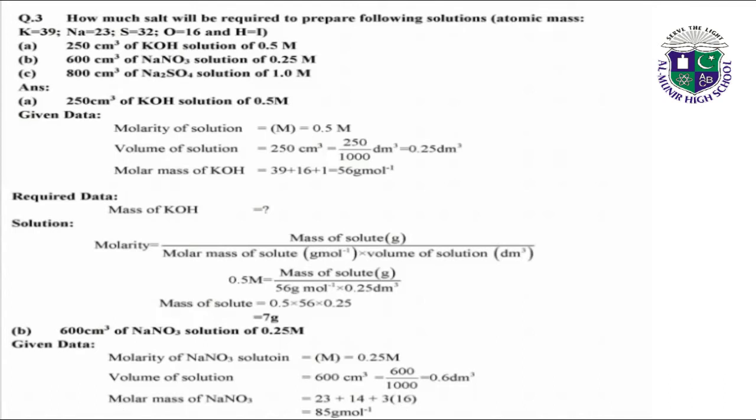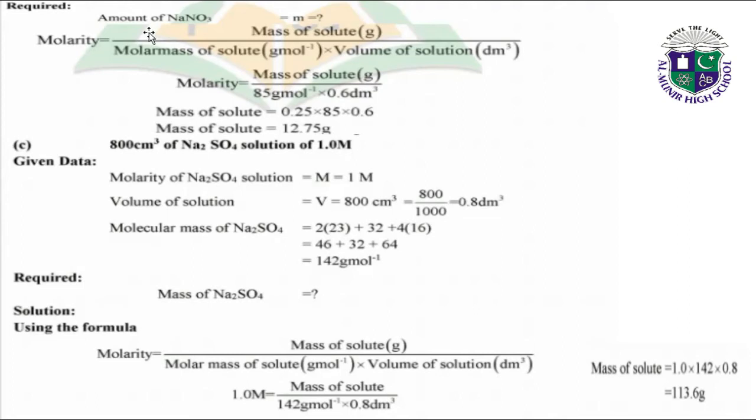To calculate the mass of NaNO3, we will apply the same formula as we did above: mass of solute equals molarity into molar mass of solute into volume of solution. Now by putting all the above values in this formula, we will get the mass of solute, which will be 12.75 grams.